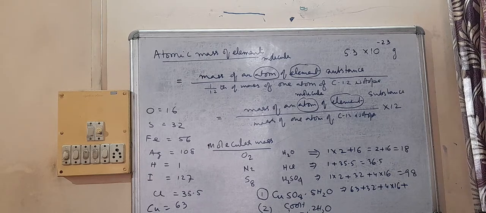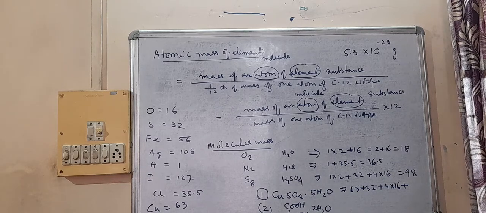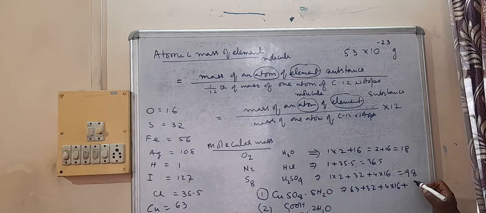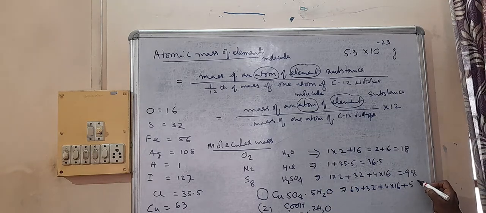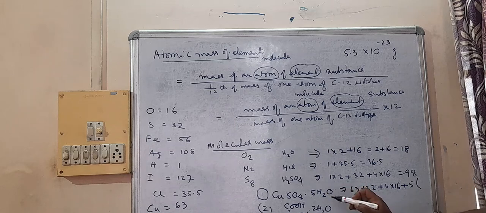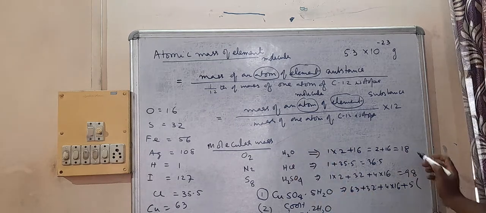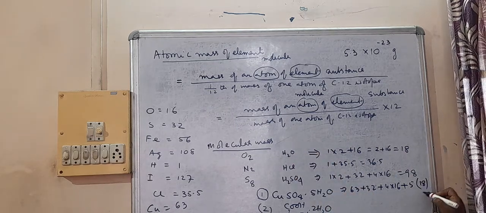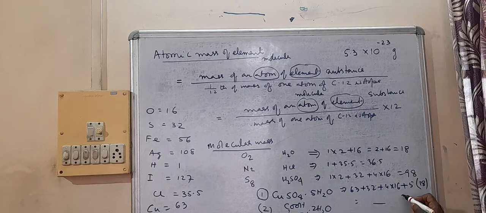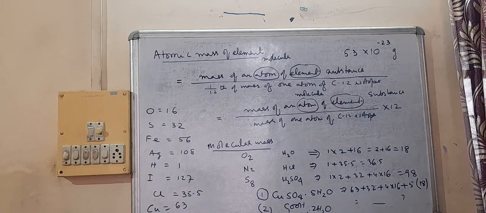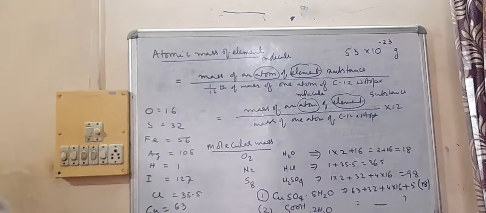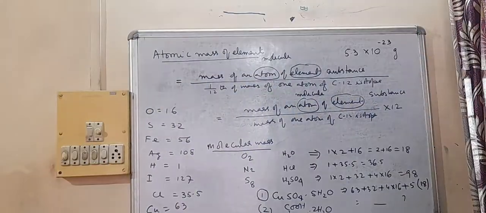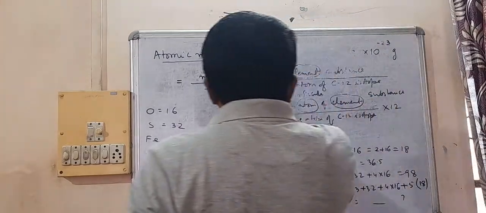Some students make the mistake and they multiply. It will be wrong. You have to add. So add 5 times the molecular mass of water. We have already found the molecular mass of water to be 18. So 5 into 18. So that will give you the answer. So this is about your atomic mass and molecular mass.